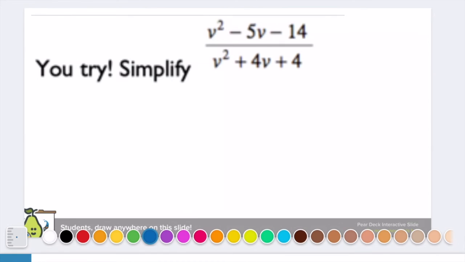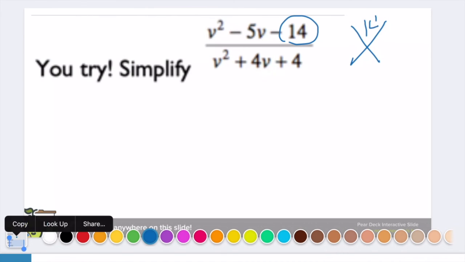For this last problem, go ahead and pause the video and come back to check your answer. All right, so again, we're looking for two numbers that multiply to make negative 14 and add to make 5. So that'd be negative 7 and positive 2.